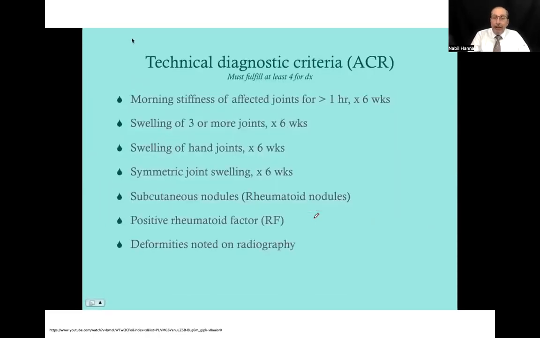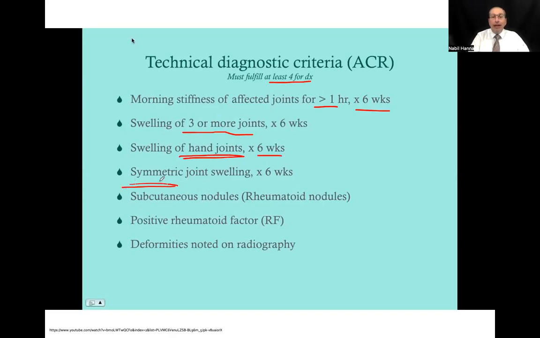One single criterion is not enough to diagnose rheumatoid arthritis. You need to have at least 4 of the following. Morning stiffness of the affected joint lasting for more than 1 hour for 6 continuous weeks. Swelling of 3 or more joints, so it's a multi-articular disease. Involvement of the hand joints for more than 6 weeks.